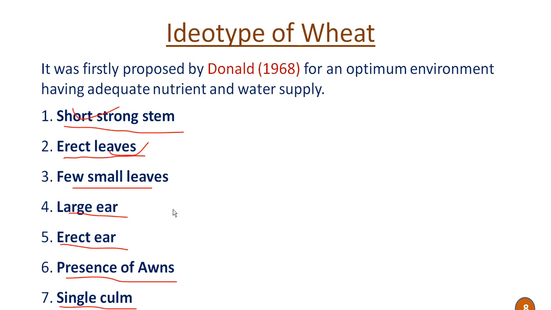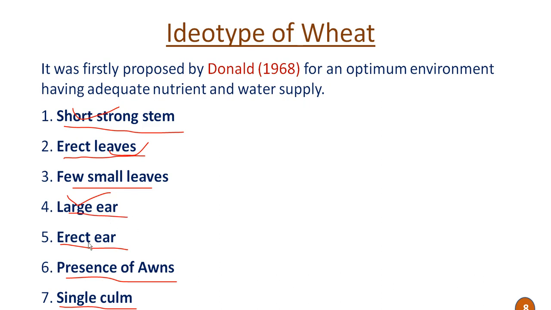Then large ear: a large number of florets per ear, that is per unit of diameter of the above-ground part, is desirable, since the wheat ear is a limiting sink of photosynthate, and the ear head of the wheat must be a larger one. This is the favorable character, that is a large ear head having more fertile florets per ear.